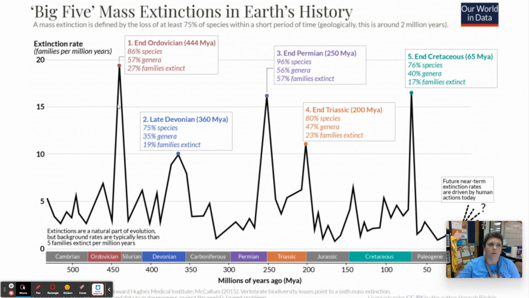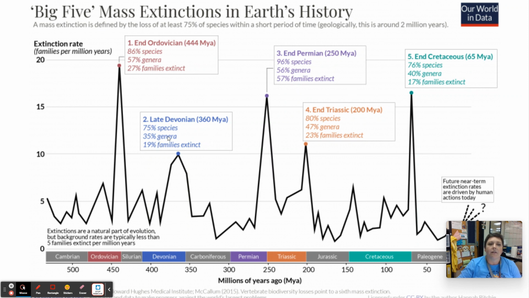This graph is pretty cool because it talks about this extinction rate. And this one is talking about families per million years. I know that you guys remember, you can kind of see right here, these are some words that y'all probably remember from biology, I hope. Species, genus, families.